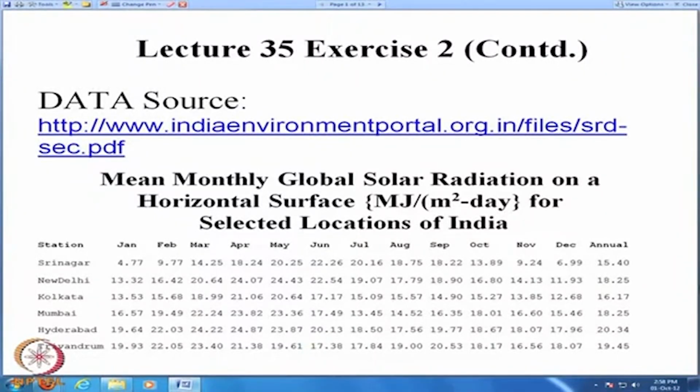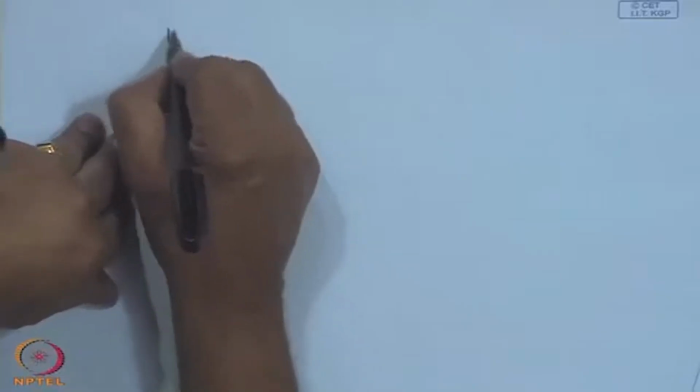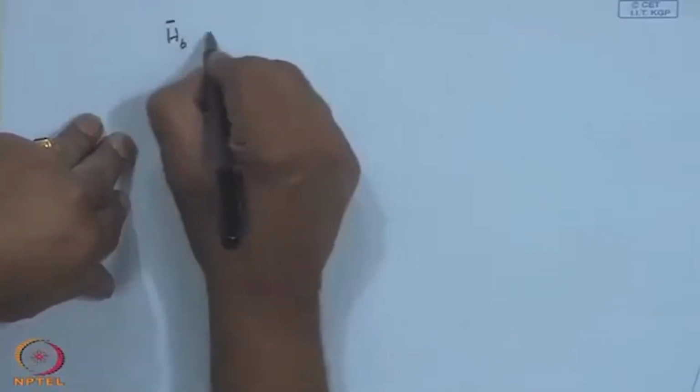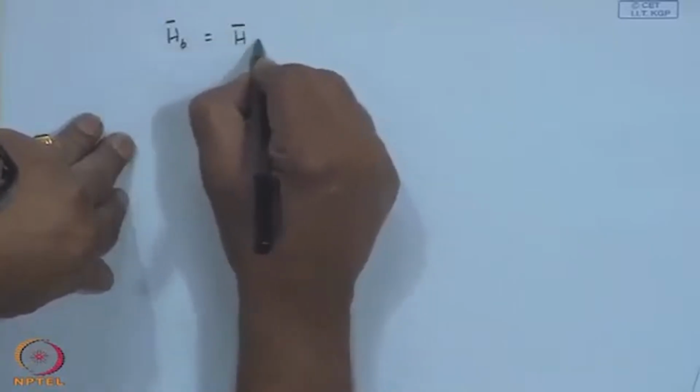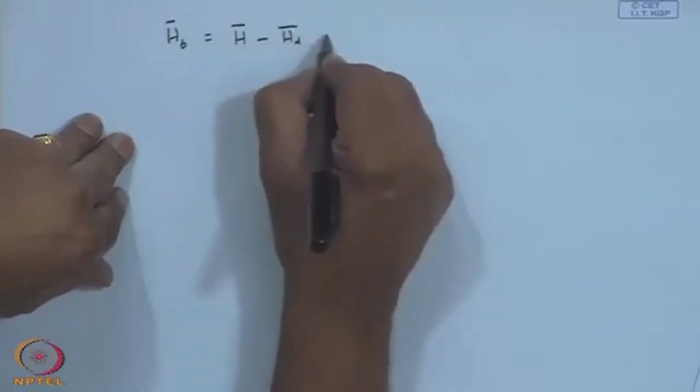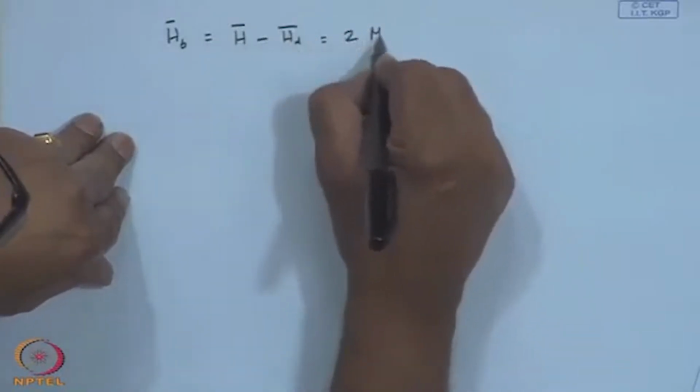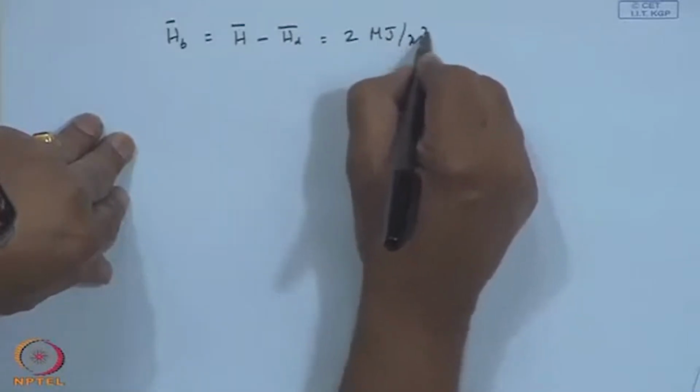So, with this you have got the direct radiation H_b bar as H bar minus H_d bar, equal to 2 megajoules per meter square day.